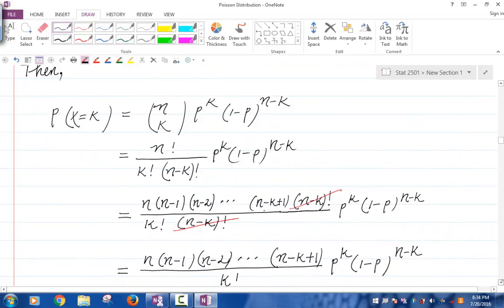In the second line, I expressed the binomial coefficient n choose k in terms of factorials, and in the third line I expanded n factorial. n factorial is n times n - 1 times n - 2 and so on, until at some point you get n - k, and the previous factor will be n - k + 1, so I wrote (n - k) factorial at the end.